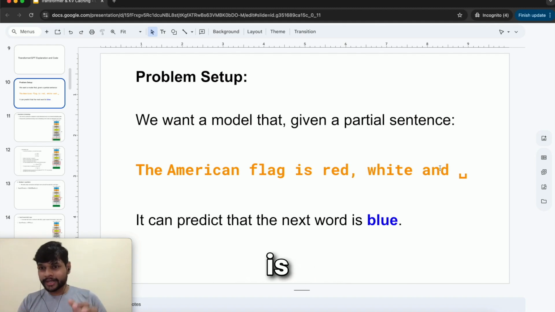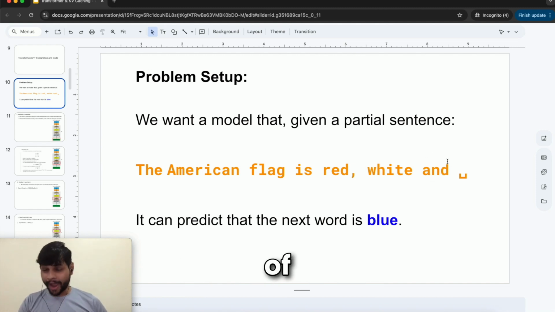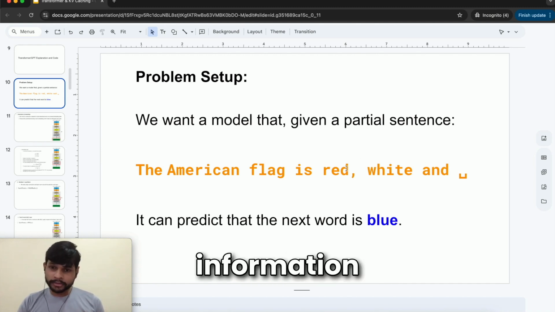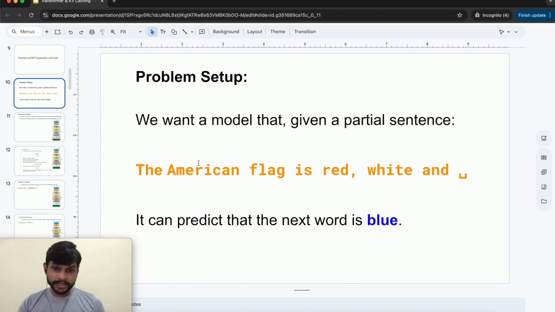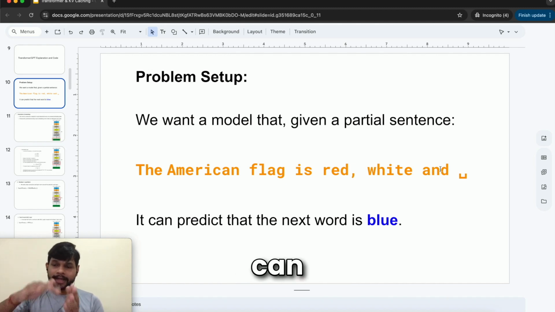The overall idea is that we change the corresponding embedding vector of AND so that it carries its own information, which is the AND word itself, and at the same time it carries the information from the relevant previous words and adjusts accordingly. So that at the end, we change its embedding in such a way that eventually we get a vector out of it from which we can directly predict the next word, that is blue.